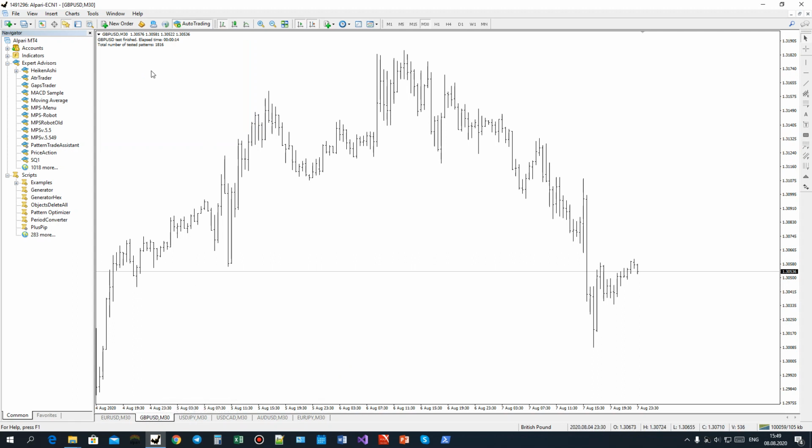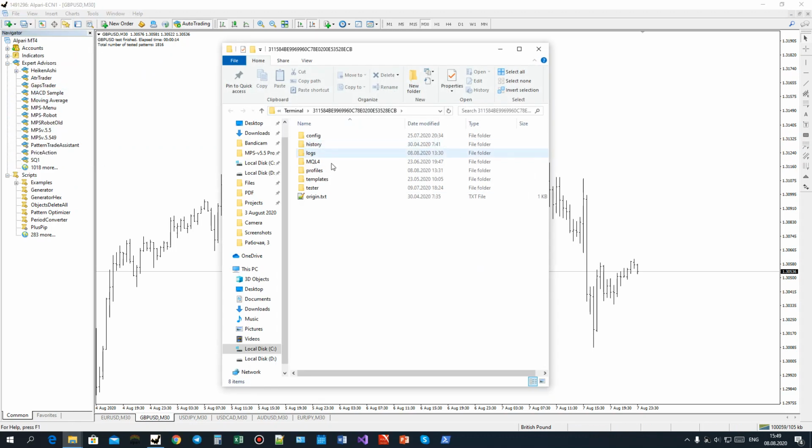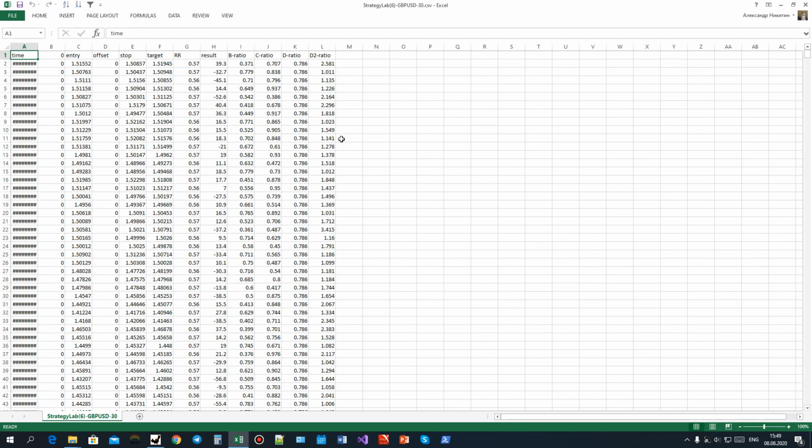Looks like pound dollar is finished. Took 14 seconds. So we go to open data folder, go to MQL fallback, go to files, go to first pound dollar, GBP USD 30-minute appeared. Now we have this.